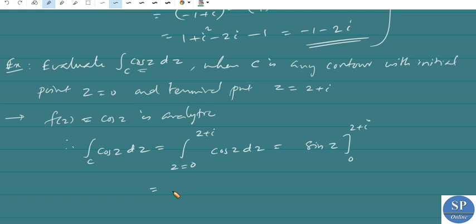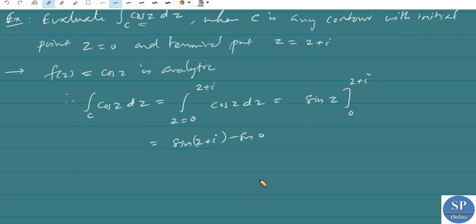So we'll have sin(2 plus i) minus sin 0. We have sin 0 is 0, so this is sin(2 plus i). If we want to write this in the form a plus ib, we have sin 2 cosh 1 plus i cos 2 sinh 1, separating the real and imaginary parts.